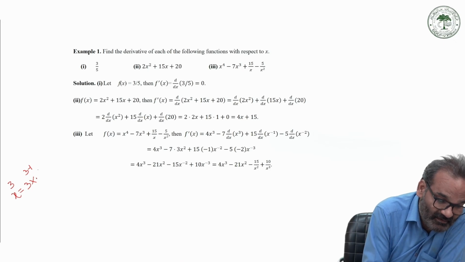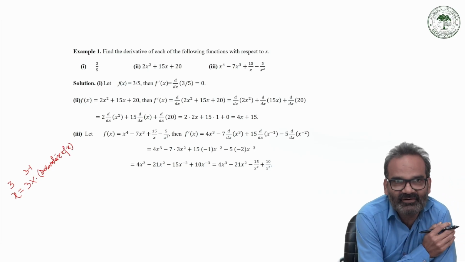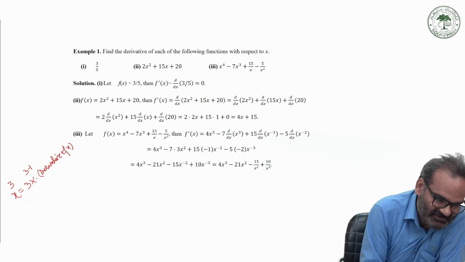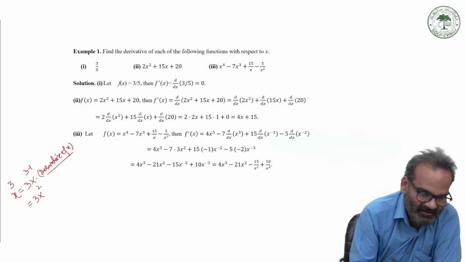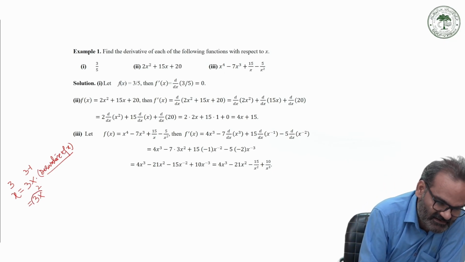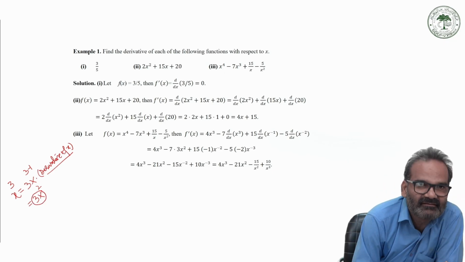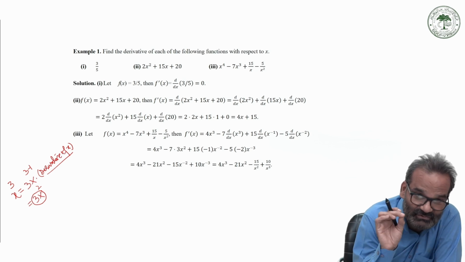Into, be careful, this is very important, the derivative of x. This is the complete formula. So see what happens: 3x power 2, and the derivative of x is 1. So the derivative of x is 1, that's why we don't write it, right? Be careful. You should remember this thing.